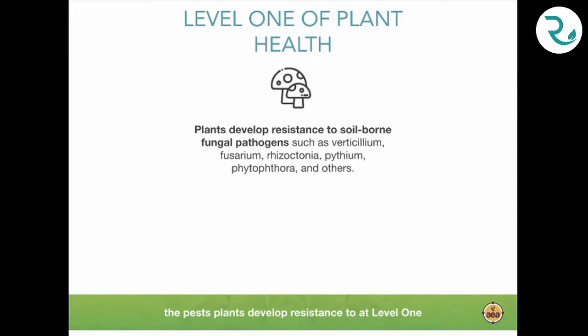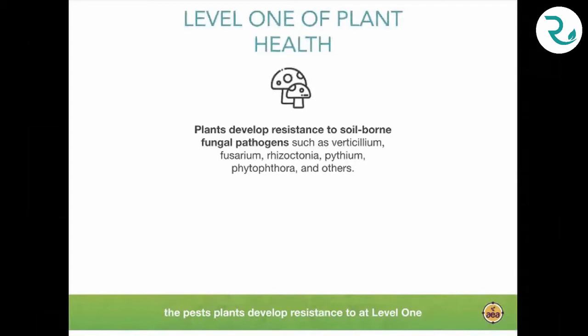I'm getting to the point where I really don't like the word pathogen, and I don't like the word pest, because I'm learning that there really is no such thing as a pathogen, and there is no such thing as a pest. Organisms only express themselves as pests or as pathogens if we create an environment that allows them to express themselves. And so this is the step that happens at level 1.